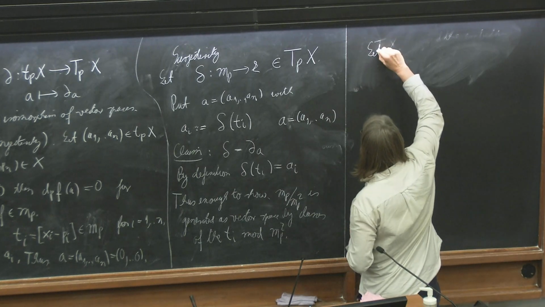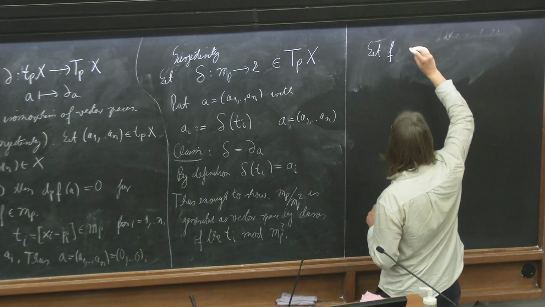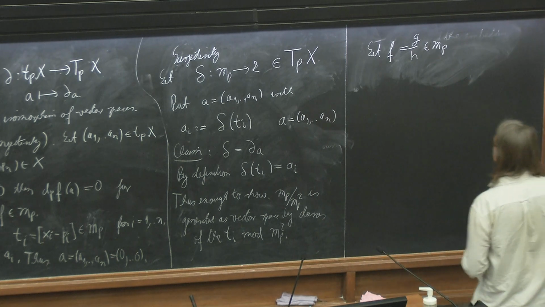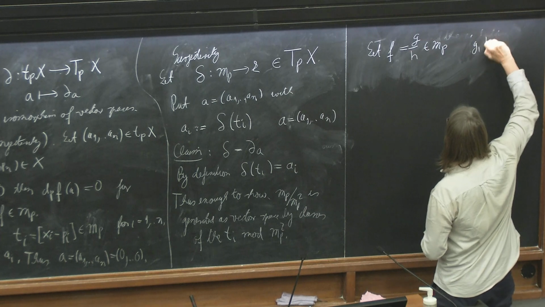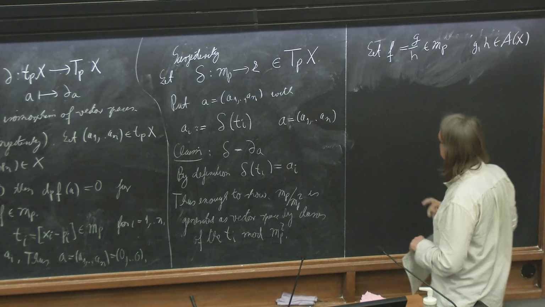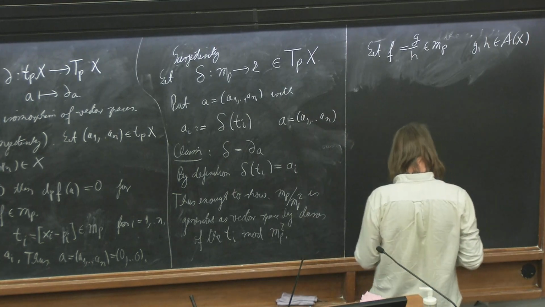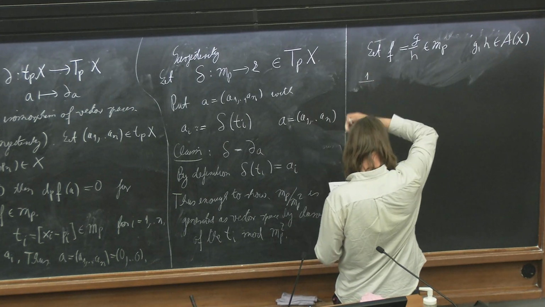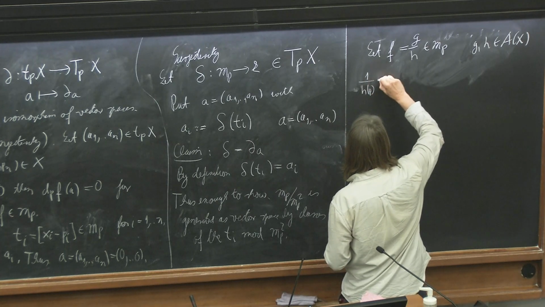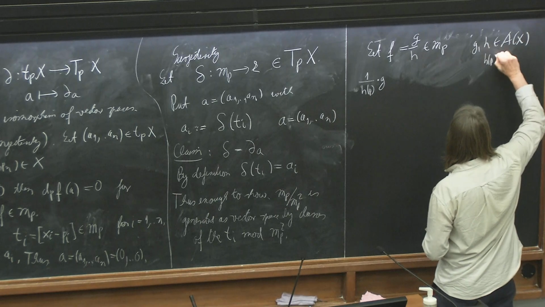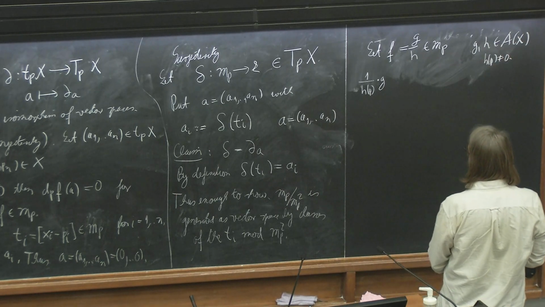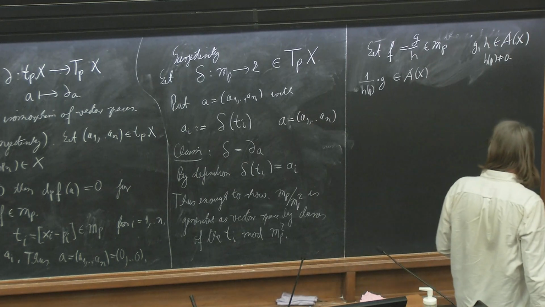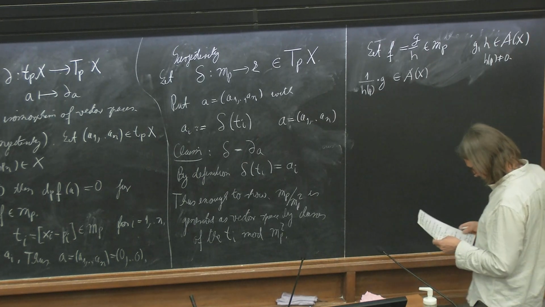Okay, and so we just check this. If I take an element F equal to G mod H in MP, where G and H are elements in AX, then I can rewrite this. 1 over H of P times G, where obviously H of P is different from 0, is actually an element in AX, because I just have multiplied by a number.